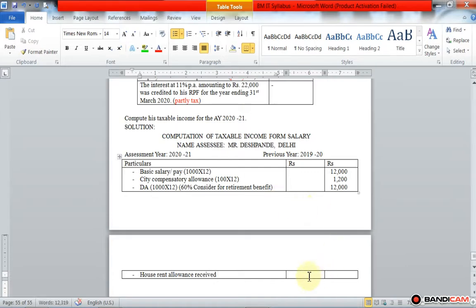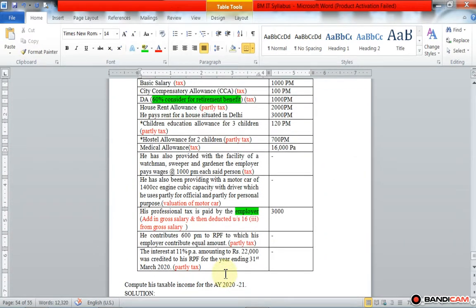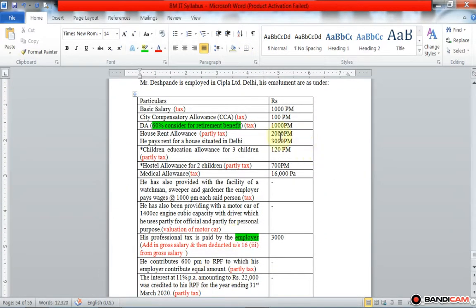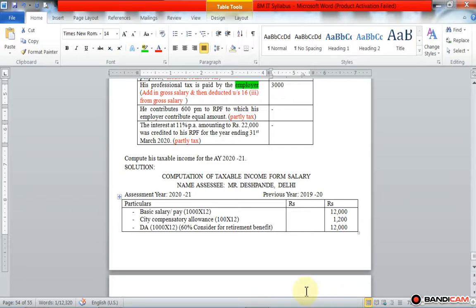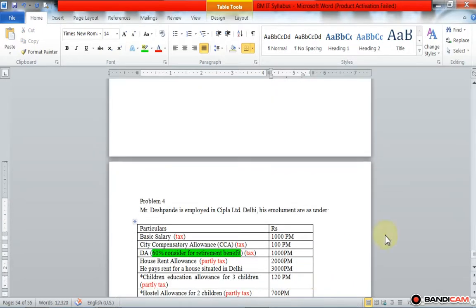We show the received amount in the inner column, because it is partly taxable and partly exempted, and we have to compute the exempted HRA. Here HRA received is rupees 2000 per month.